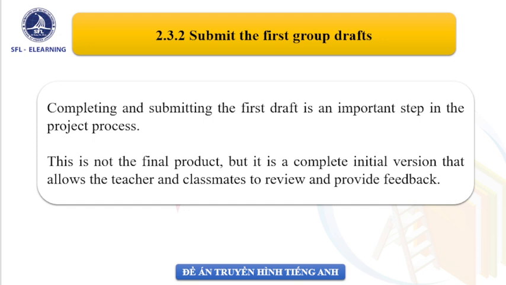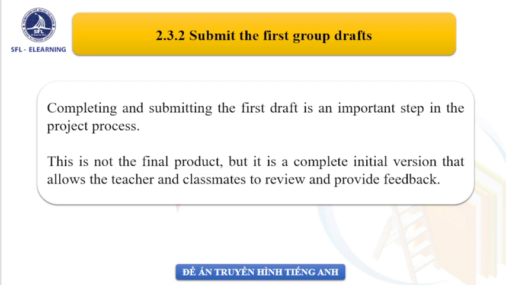In this video I'd like to talk about how to submit the first group draft. This week, what you have to do is create the first scripts, and when you receive feedback from your friends, you need to make corrections to improve the quality.